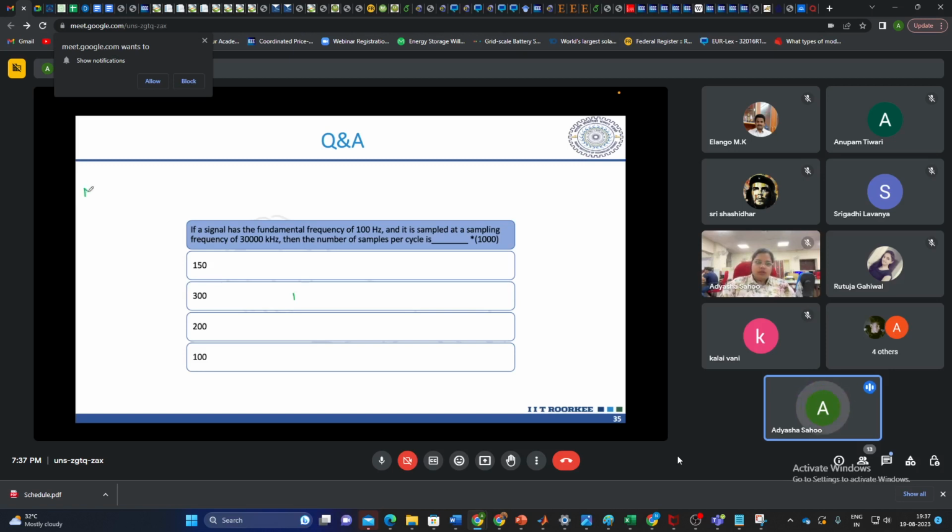Number of samples means sampling frequency by fundamental frequency.